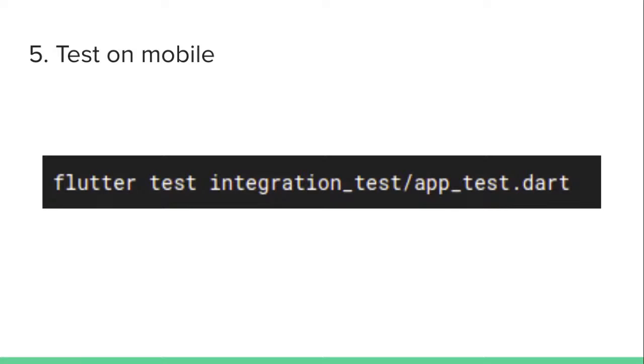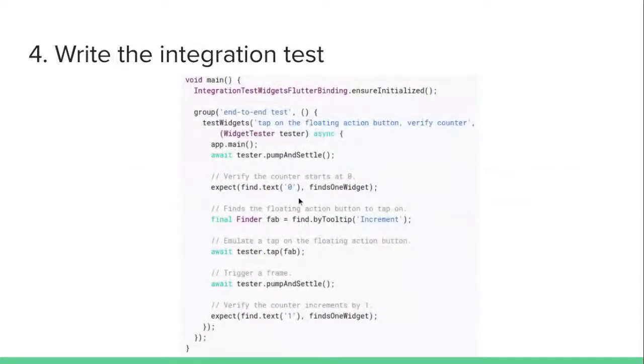So one last thing about integration testing. Here we can test the important scenarios, and don't forget this first line. We initialized the integration test widgets Flutter binding because it's a singleton service that executes tests on a physical device.